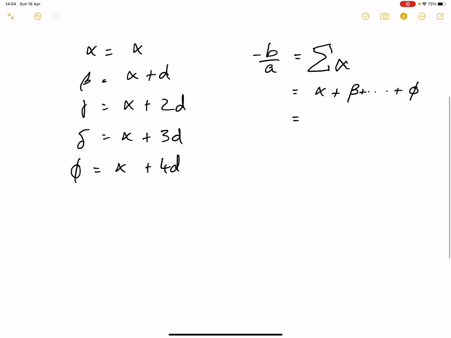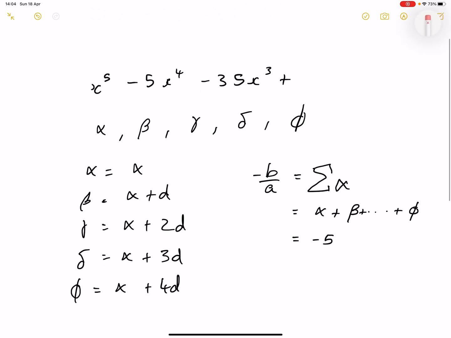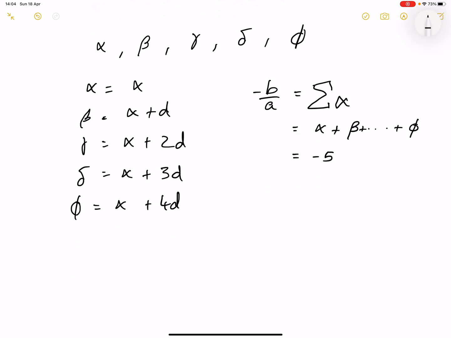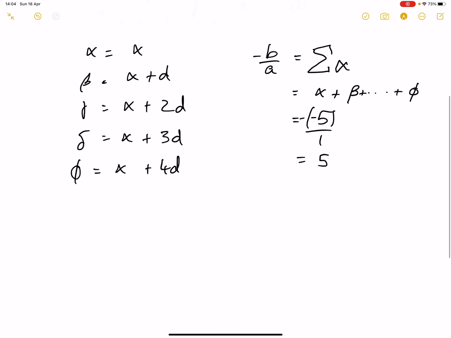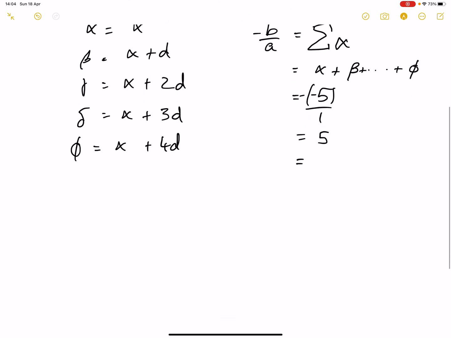And that will be equal to minus 5 in this case, or negative b over a, so it will just be equal to 5, because that's negative 5 over 1, which is equal to 5. And that will be equal to the sum of all these things, which will be 5 alpha plus 10d, because 1 plus 2 plus 3 plus 4 is 10.